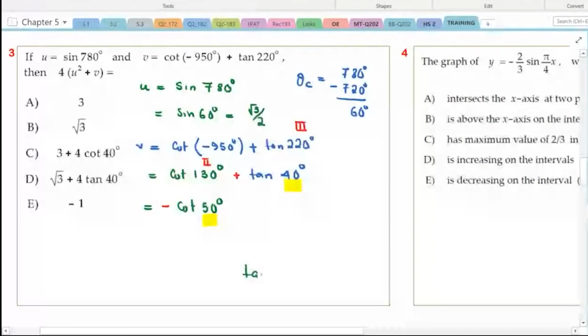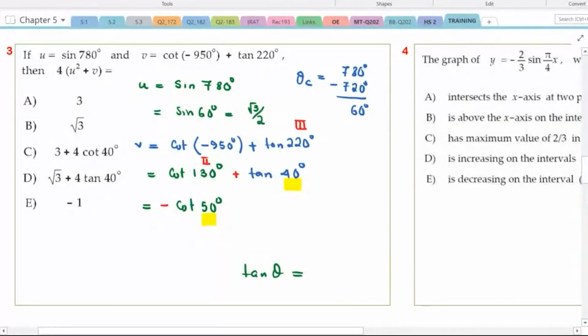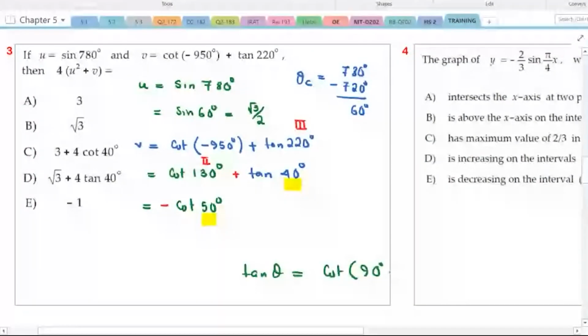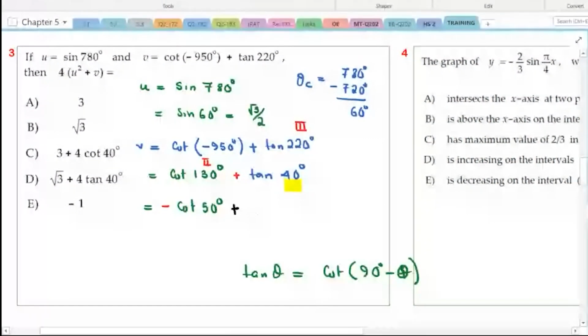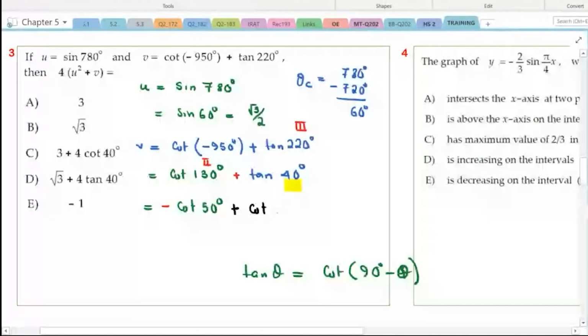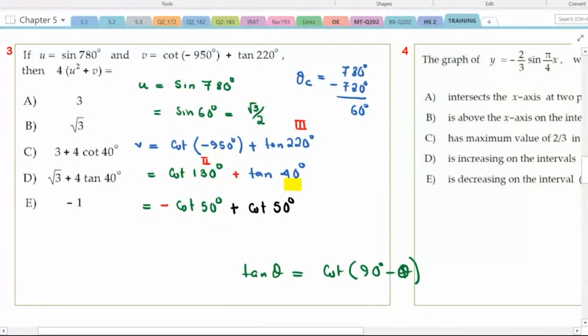We know that tangent of theta is equal to cotangent of 90 degrees minus theta. So that means, gentlemen, we can change this tangent to cotangent. How? It's going to be equal to plus cotangent of 90 minus 40, and that is going to be 50 degrees. Look at it. Minus cotangent of 50 plus cotangent of 50. And gentlemen, the answer will be equal to 0.